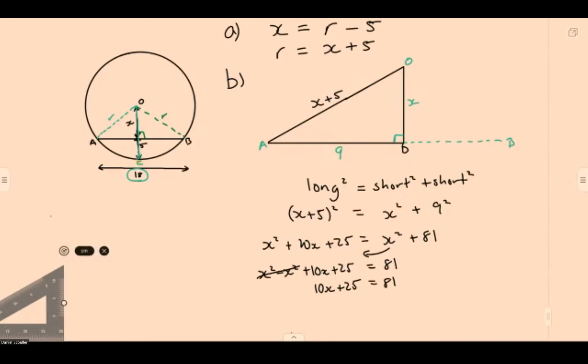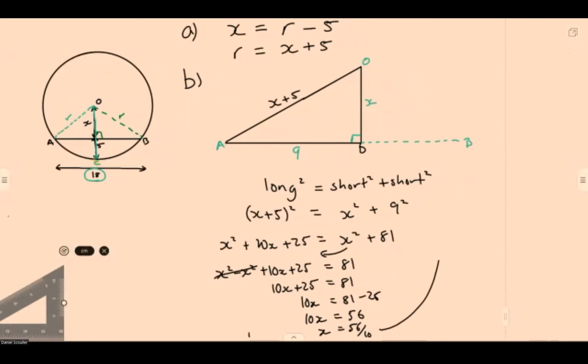I can then rearrange that to 81 minus 25, which is 56 over 10. Just moving the decimal place once, 56 over 10 is going to give us 5.6. So X we've now got a number for.